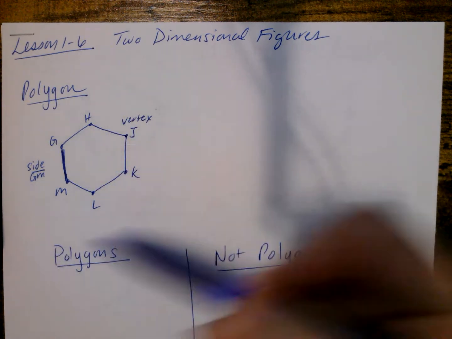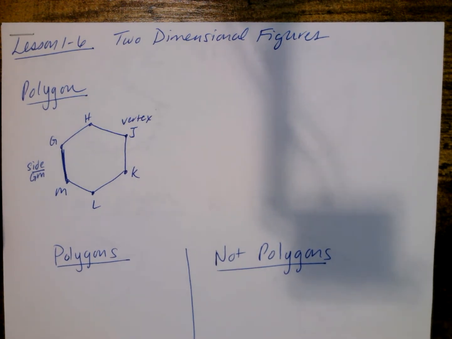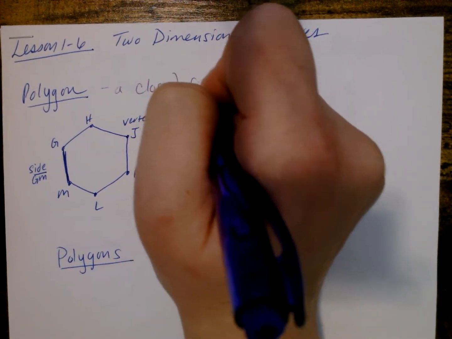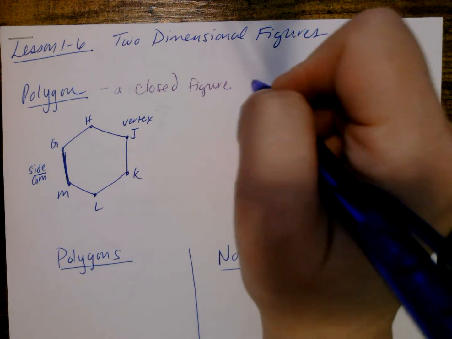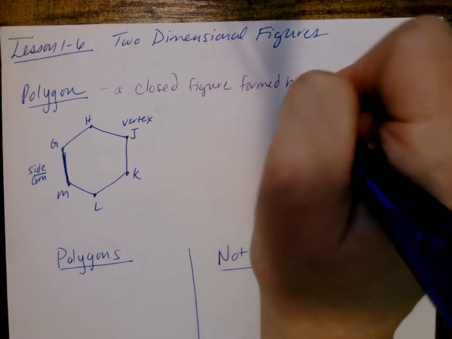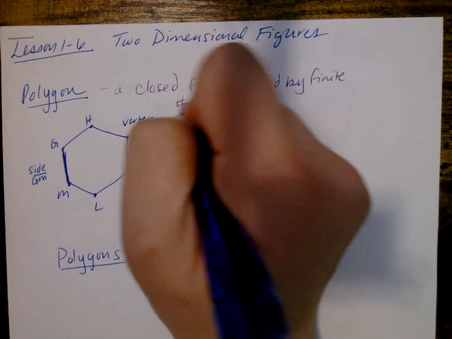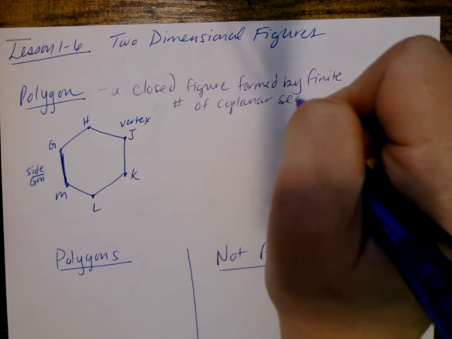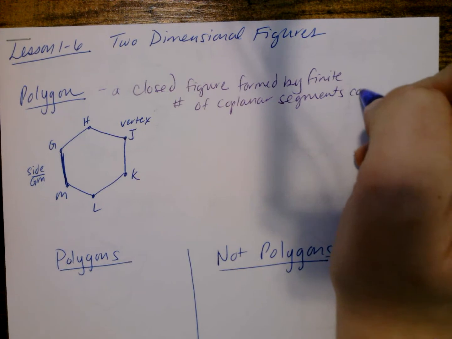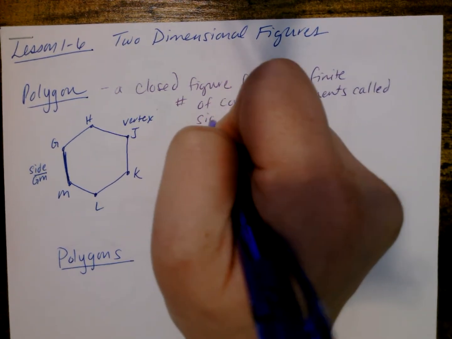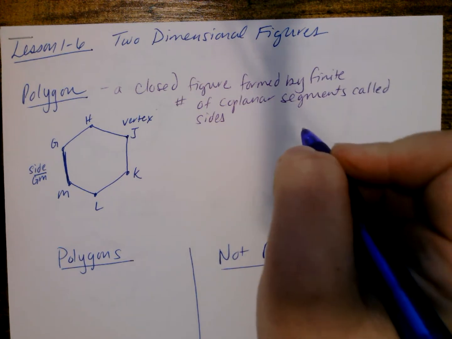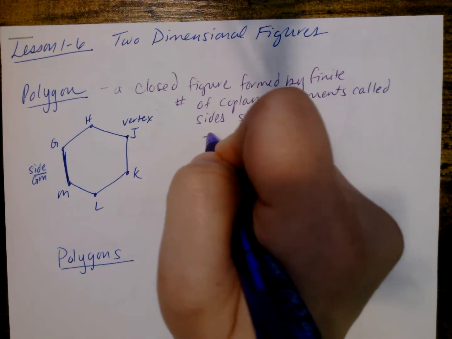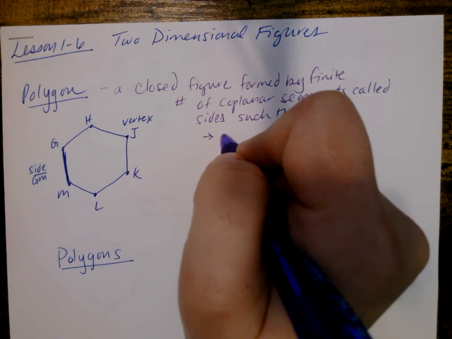This right here is a polygon. And a polygon is a closed figure formed by a finite number of coplanar segments called sides such that first thing is those sides have a common endpoint.